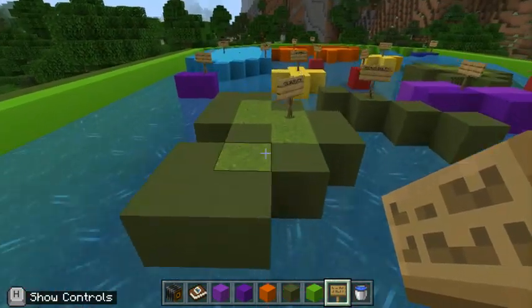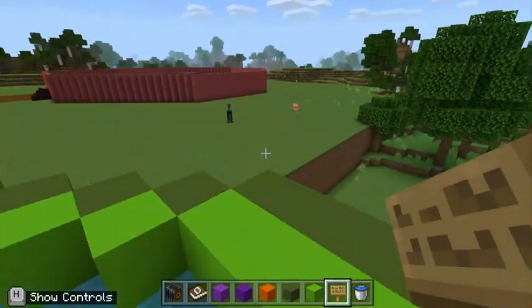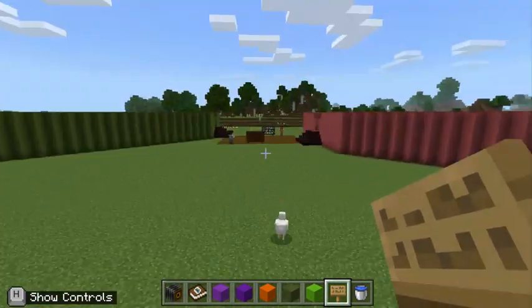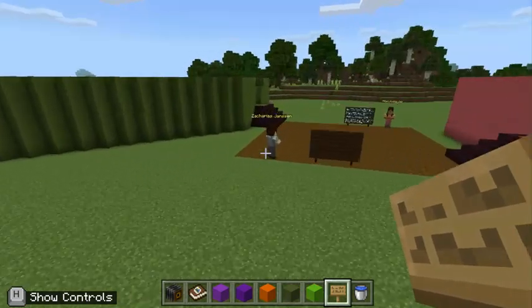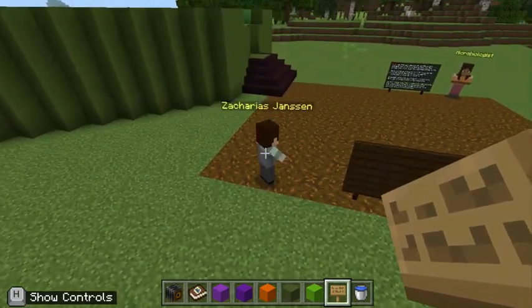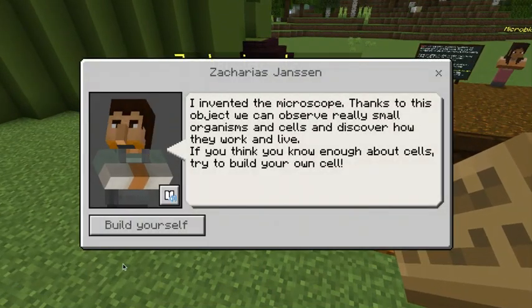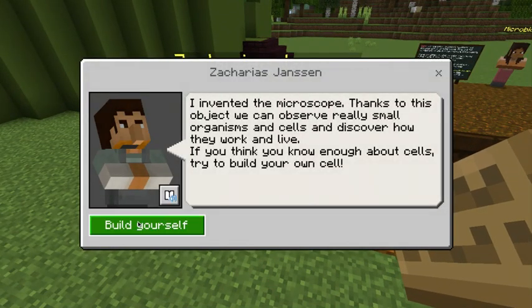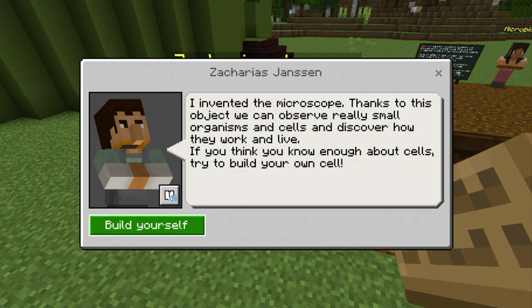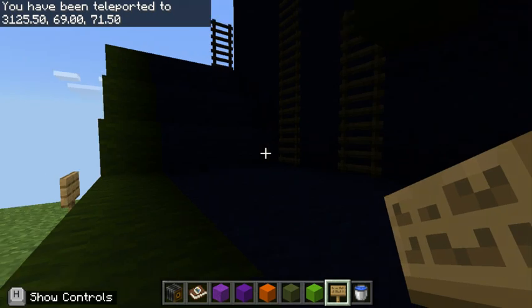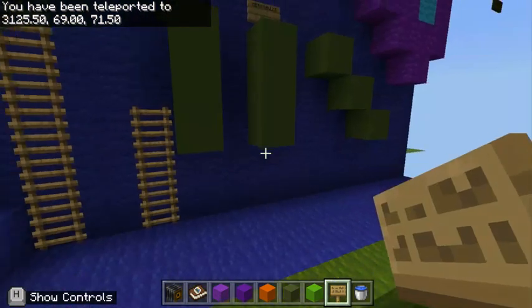Okay, now we're going to go to the animal cell, which is over here. Over here you can find the animal cell.